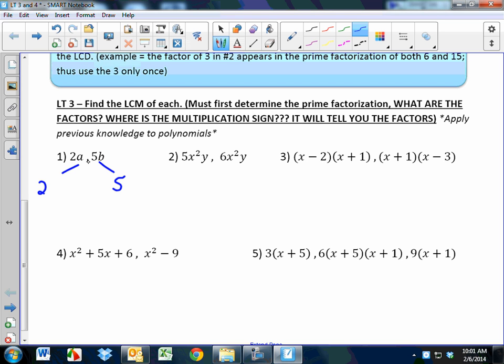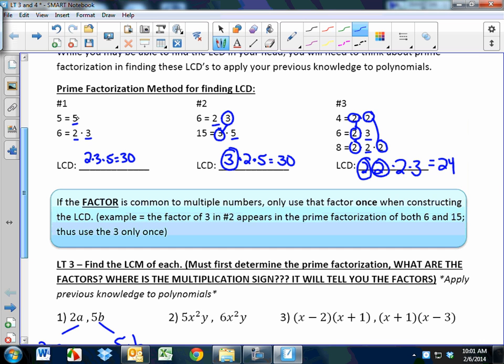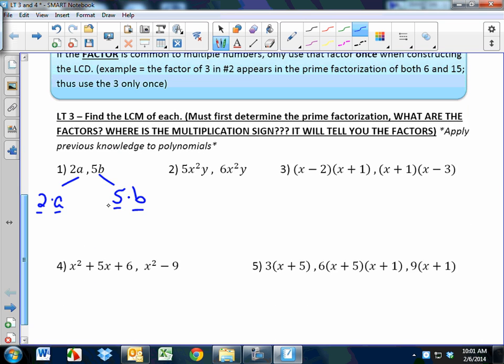Does an a and a b have anything in common? No. So I'm going to write 2 times a, and I'm going to write 5 times b, knowing that I've just got to use all of these factors. A lot like we had to use the 5, the 2, and the 3 to make the 30. But when we put these all together, the least common multiple, which will become least common denominator, is 2 times 5 times a times b. Put it all together, and that's 10ab.